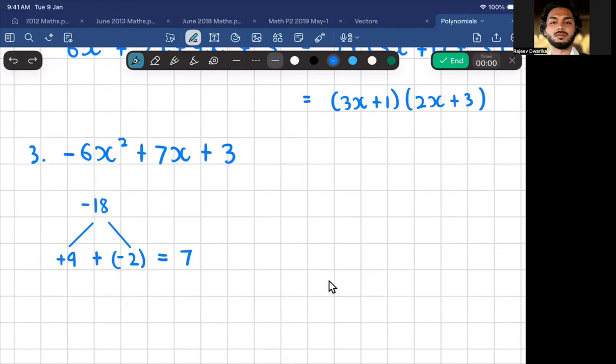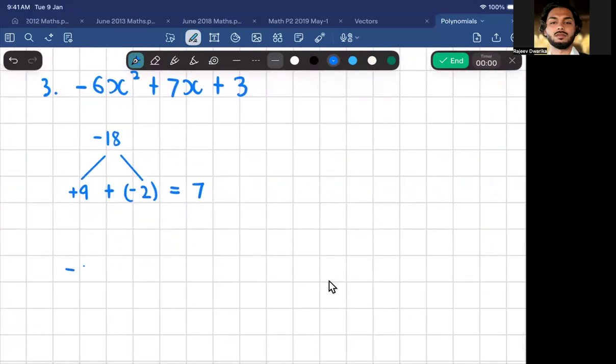So instead of writing 7x, I'm going to write the positive 9 plus the bracket -2 bracket. For simplicity's sake, we could just write 9x minus 2x.